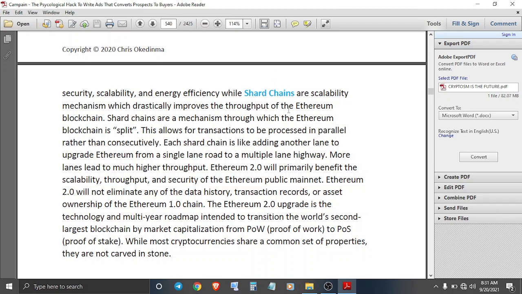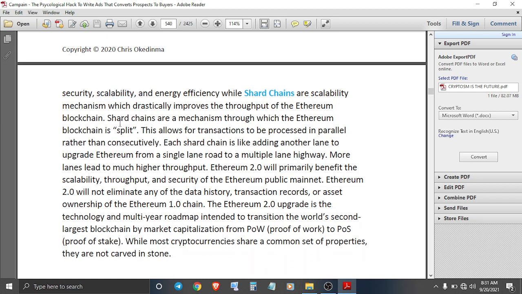While shard chains are a scalability mechanism which drastically improve the throughput of the Ethereum blockchain. What do we mean by shard chains and the scalability? The speed of transactions and things done in this network, the shard chains and the scalability, is improved massively.